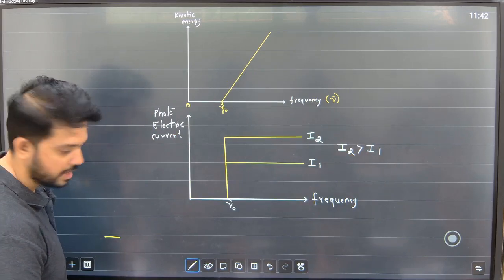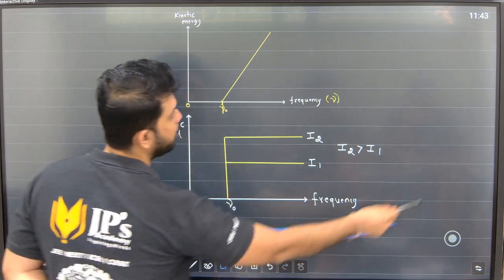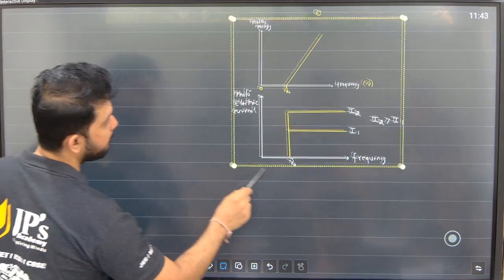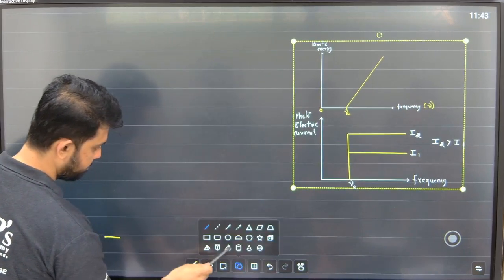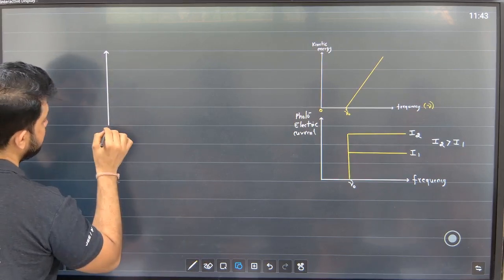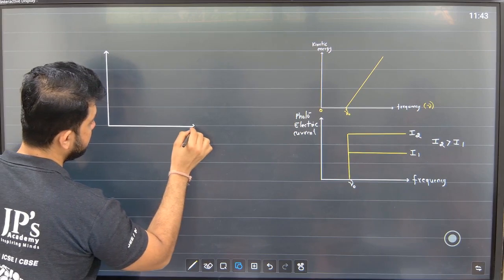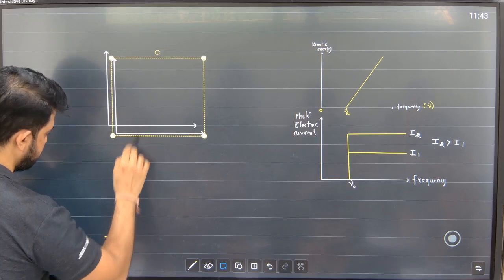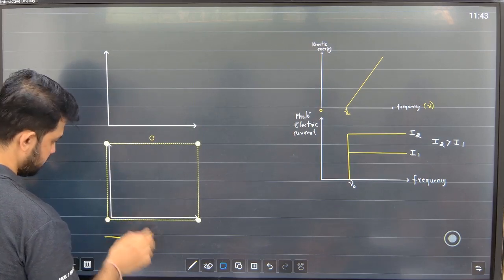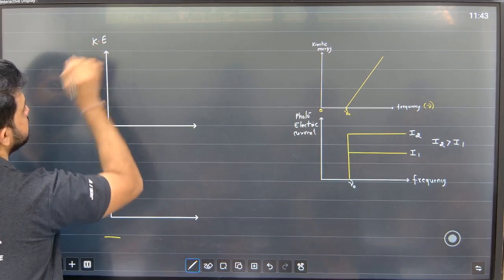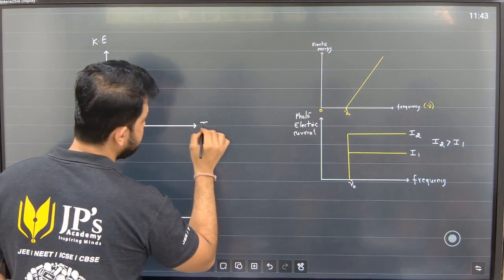Now, I want to plot kinetic energy versus intensity of light.